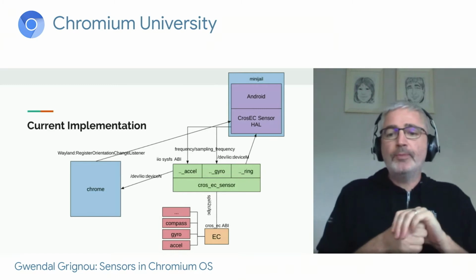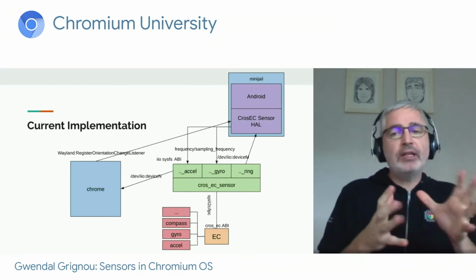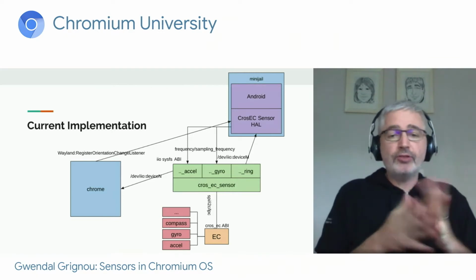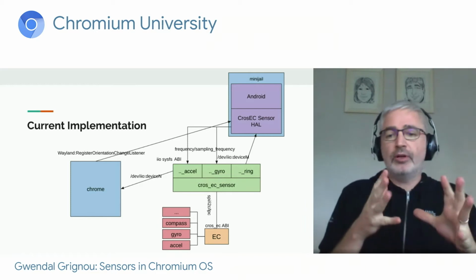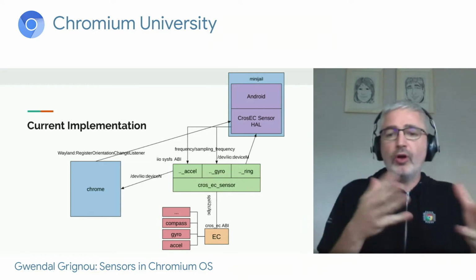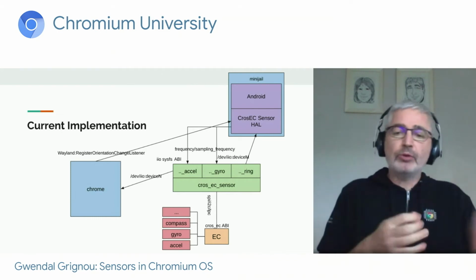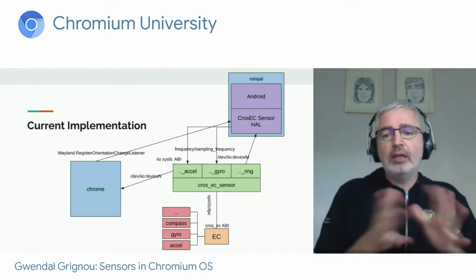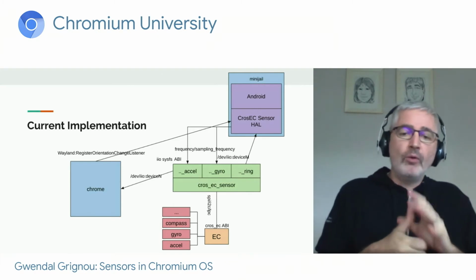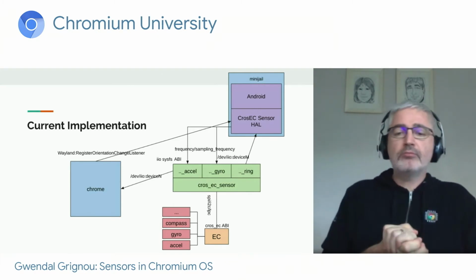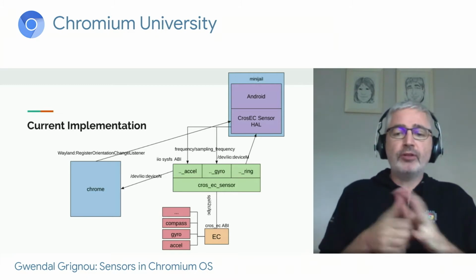Traditionally the sensors are not connected directly to the host, what we call the AP, the application processor, but are connected to a sensor hub, or what we call here an embedded controller. We could have several embedded controllers per device, but generally we only have one, and the sensors are connected to it. We do that because the EC, the embedded controller, is very power efficient and it runs all the time.